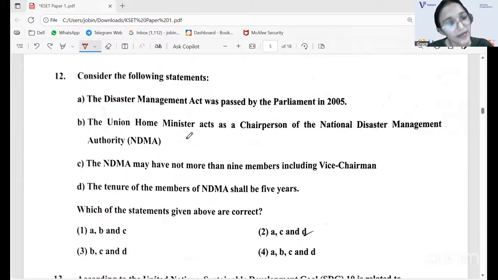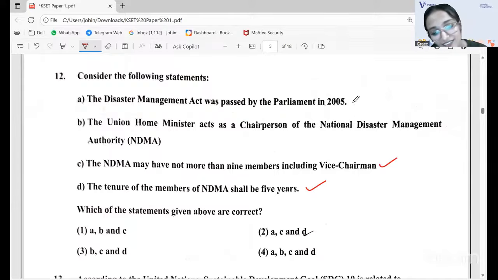It's not true. It is the Prime Minister, not the Union Home Minister. So it is incorrect. C, the NDMA may have not more than 9 members, including chairman. That's true. D, the tenure of the members of NDMA shall be 5 years. Again, that's also true. So A, C, D are the right options. So we can go with option 2. That's the right one.